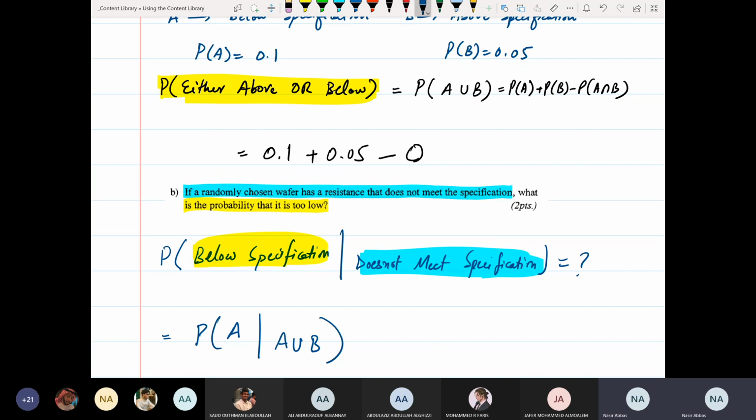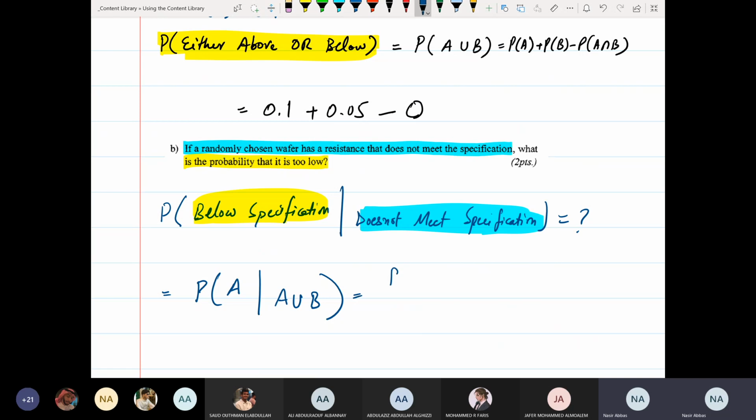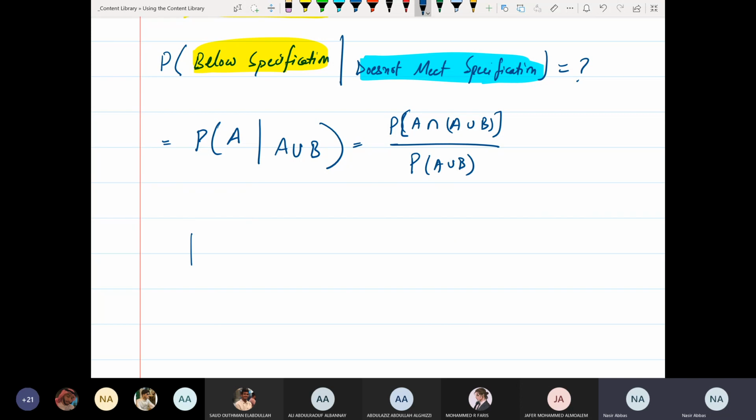So apply the simple conditional probability formula. You get probability of A intersection (A union B) divided by probability of A union B. Now I'm going to explain through a diagram what A intersection (A union B) is.